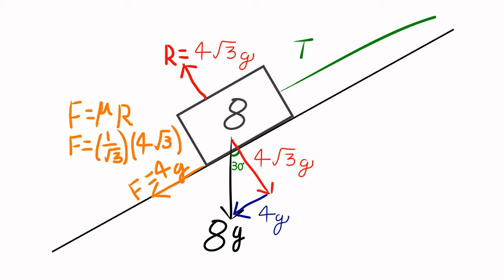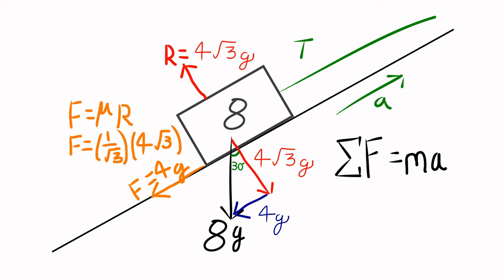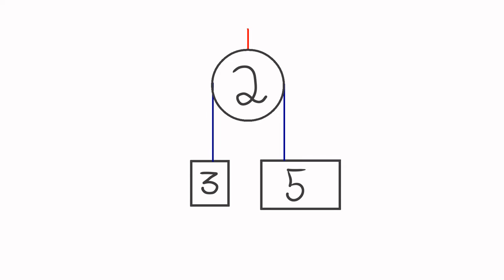And then the final force is the tension force. That's what's pulling it, what's attached to the pulley, and so the body's going to be accelerating in that direction. You know that the sum of the forces is equal to mass times acceleration. So the tension is pulling it in the same direction as it's accelerating in, so that's positive. The other two forces, friction and the parallel force, are both pulling it away, so those are negative.